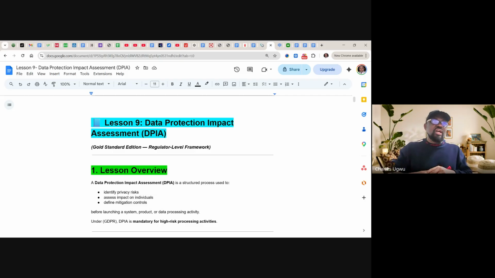So if after carrying out the severity testing they find out that it is like below 10, then that is medium. You can just monitor it. If it is low, you can just ignore it or just have an eye on it.